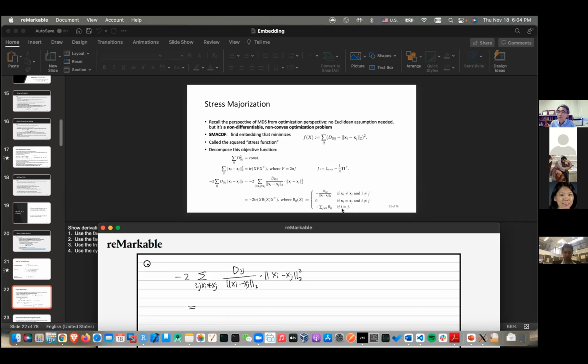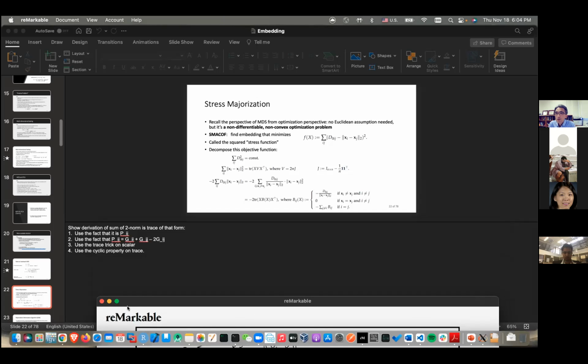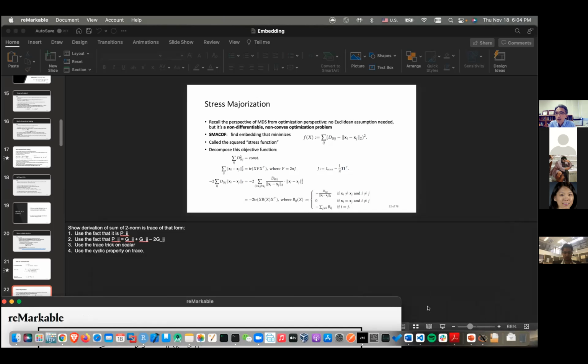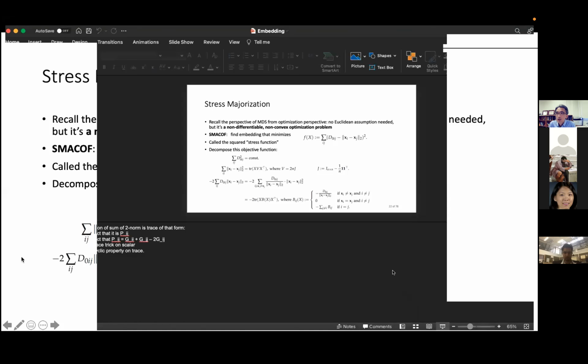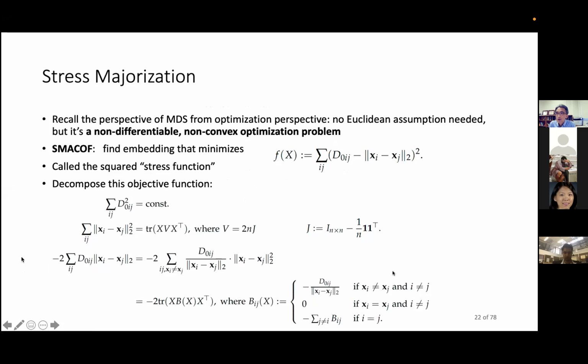Let me briefly remind myself about what we are trying to do. We are given d sub ij as the input, and we want to minimize that stress or energy by optimizing or adjusting the embeddings of individual xi's, right?